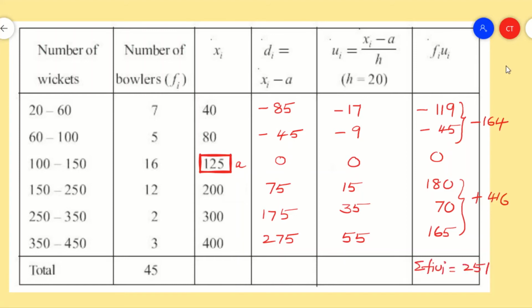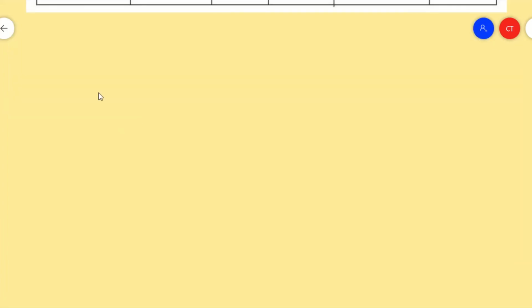What we did here is take h, the common factor, as 5. After this, we substitute these values. The basic formula is x bar equals A plus the sum of fi ui divided by the sum of fi, times h.